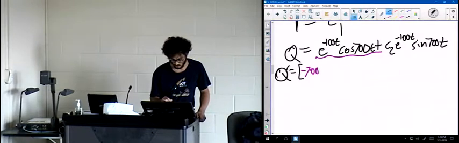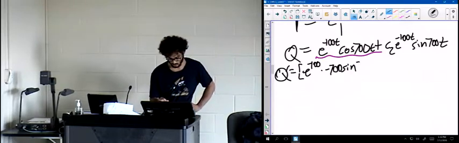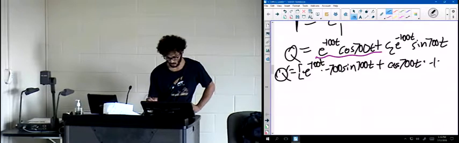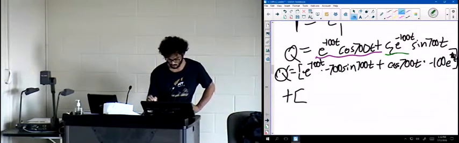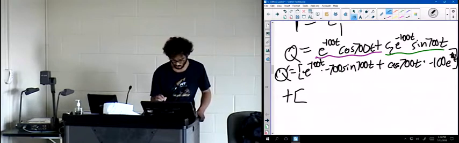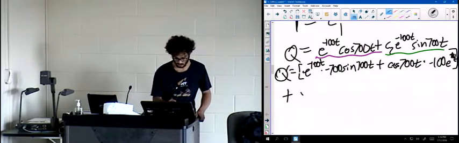Maybe I'll just take the derivative of the first times the derivative of the second, and then plus the second times the derivative of the first, and then we have our next derivative right here, and I'm going to just leave my C2 outside.